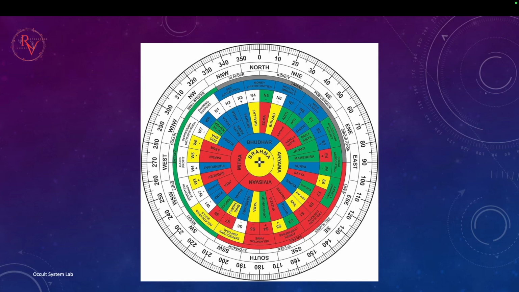Now if you place that overhead water tank in the southwest direction, it is a guarantee that someone in the house will have heart related disease, heart attacks or bypass or any kind of heart related disease. That will happen. What is the reason?